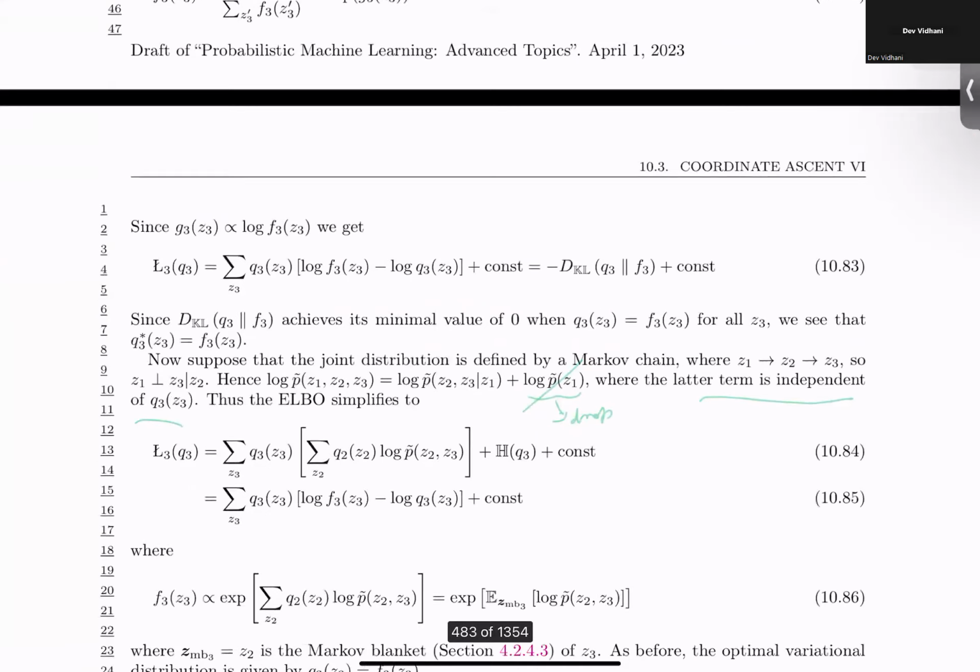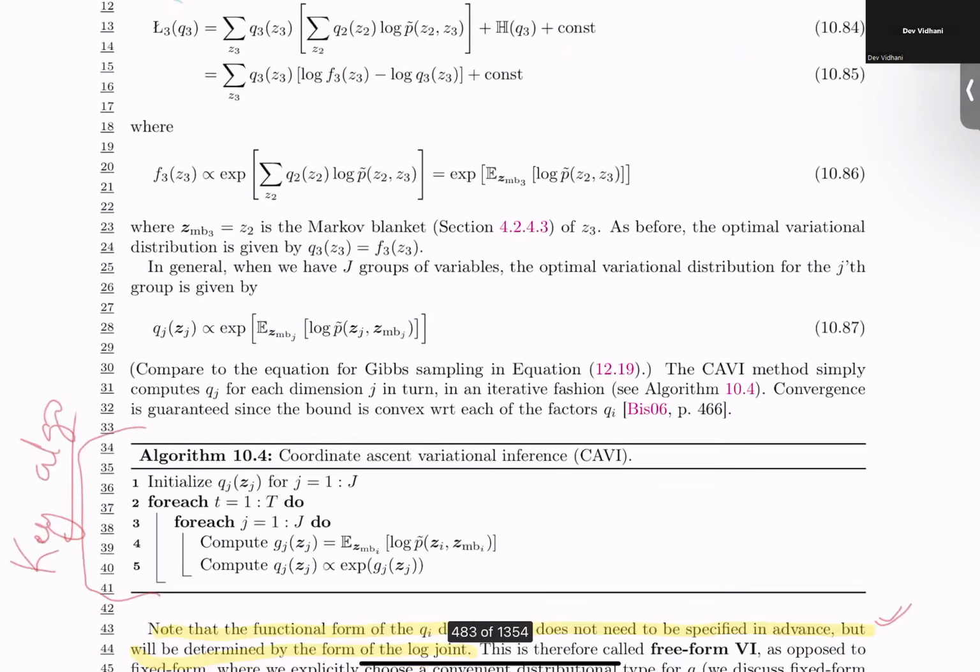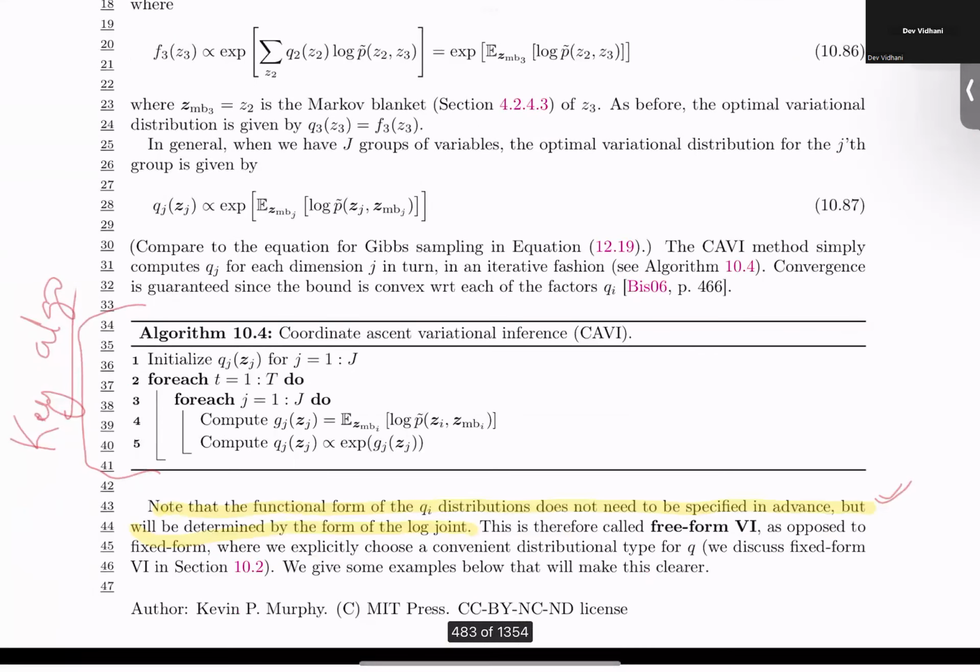And it boils down to the simple equation that we see in the algorithm here, where essentially you initialize all the Zi's as shown here. You initialize, then for each time step, you go through each of those Zi's and compute individual Zi's based on the Markov blanket of your model that you have described using this function.